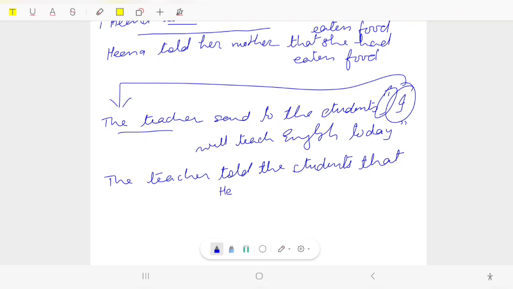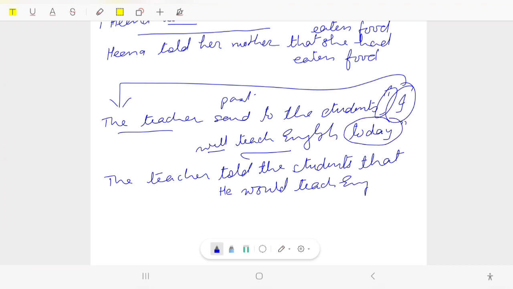Teacher can be male or female, so you may write he or she. He will. Since here it is past tense, the tense of the reported speech will be changed. So will be changed into would. He would teach English today.